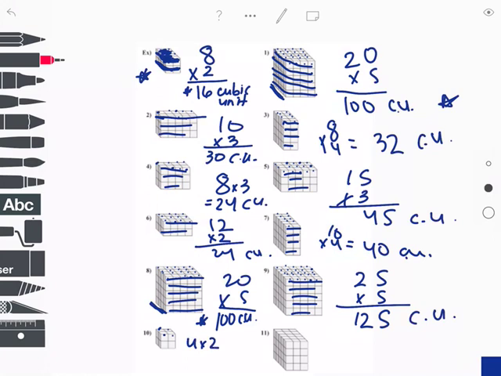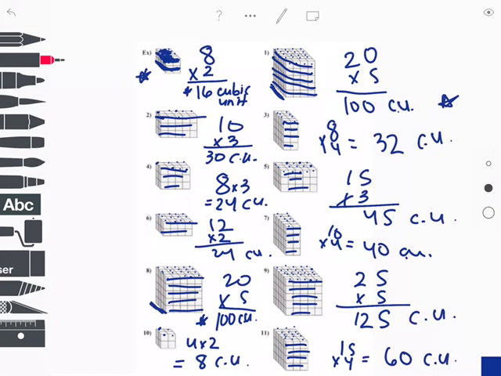And there's 2 rows, 8 cubic units. Last one. 1 through 15 on top. 1, 2, 3, 4 rows. So this is 60 cubic units.